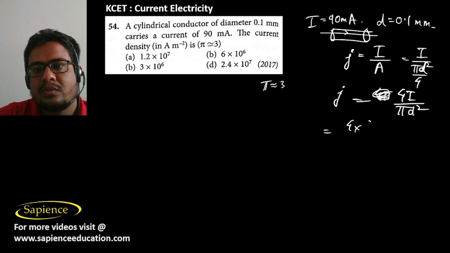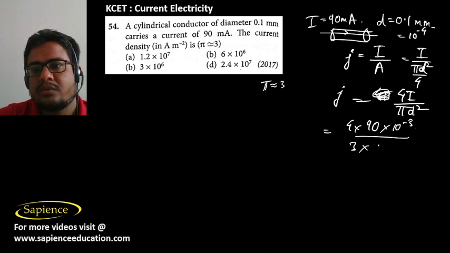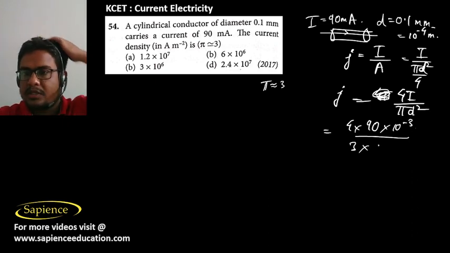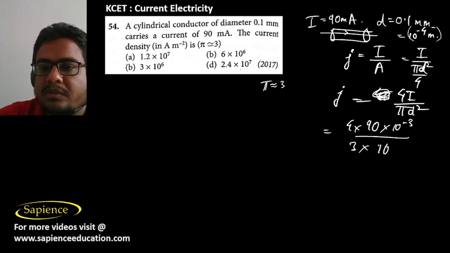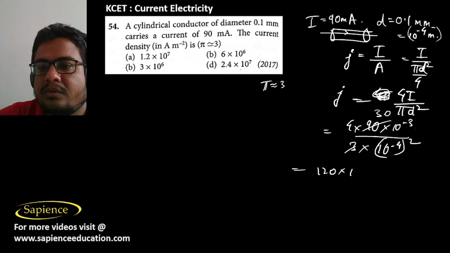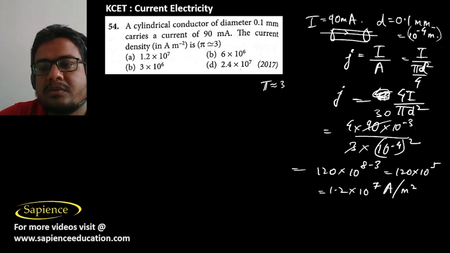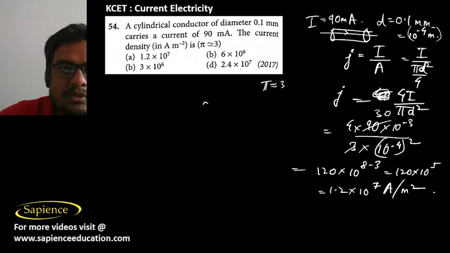This is 4 into 90 into 10 power minus 3, by 3 into d square, where d is 0.1 mm, which is 10 power minus 4 meter. 1 millimeter is 10 power minus 3 meter, so 0.1 mm is 10 power minus 4 meter, so 10 power minus 4 square. 4 3 is 12, so 360 divided by 12 into 10 power 8 minus 3 is 30 into 10 power 5, that is 3 into 10 power 7 ampere per meter square. So option A is the correct answer.